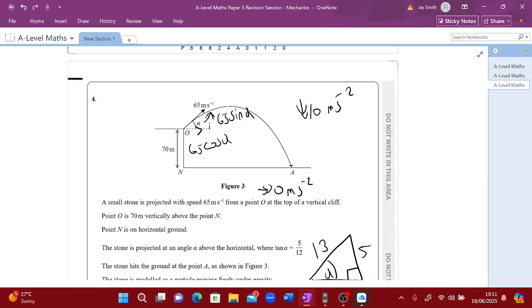So if we were to draw the diagram here, let me get rid of this now. The speed essentially, again, it's going to go that way for the horizontal, but then the speed is going to go downwards, isn't it? So therefore, the final velocity v is going down by 45, so it's going to be 45 and 60.